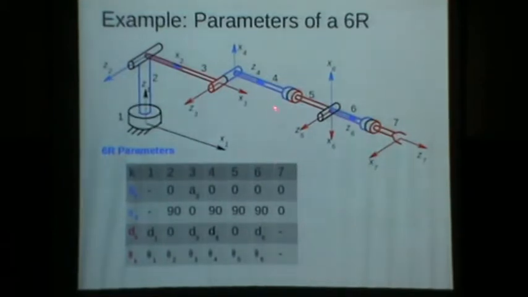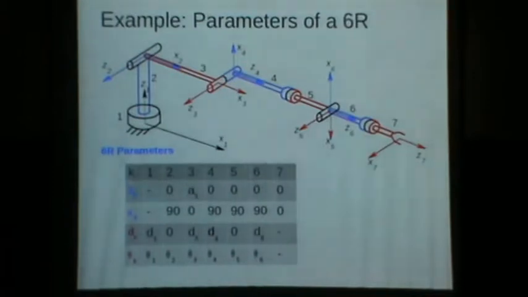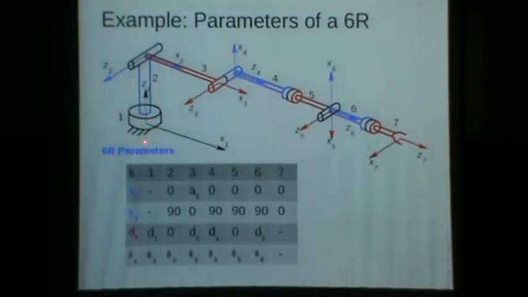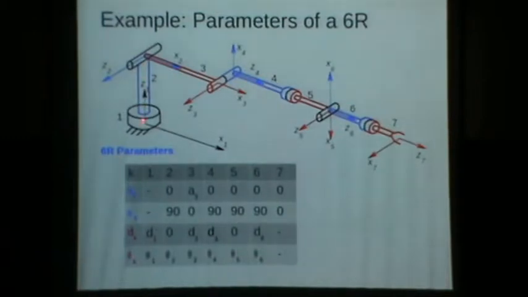Okay. Now, if you fix the reference frames based on the convention that we saw earlier, we fix the Z axis along the joint axis. So Z1, Z2, Z3, Z4, that is for this joint, Z5 along this joint, and Z6 along this joint.